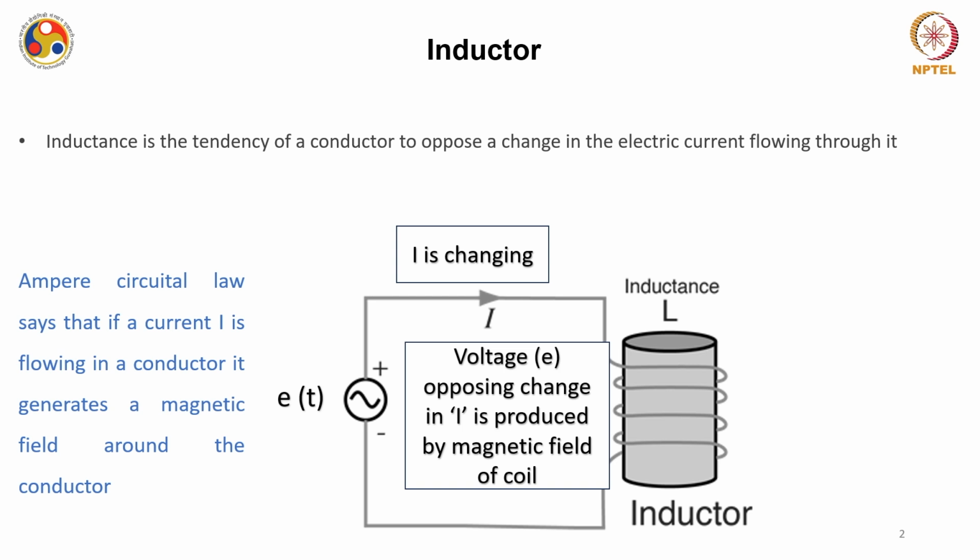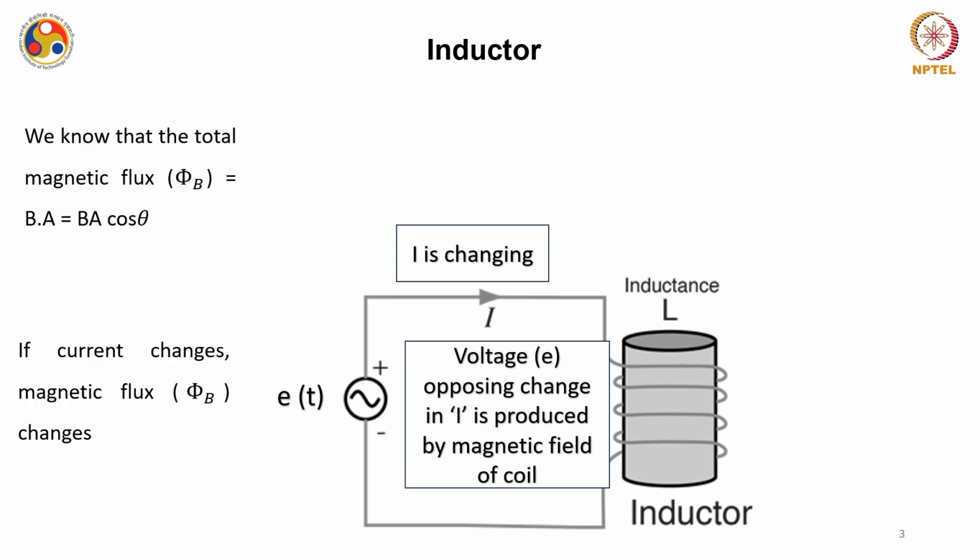If we talk about Ampere circuital law, it says that if a current I is flowing in a conductor, it generates a magnetic field around the conductor, right. So the current, this I, is flowing through this conductor and it is generating a magnetic field around it. Okay.